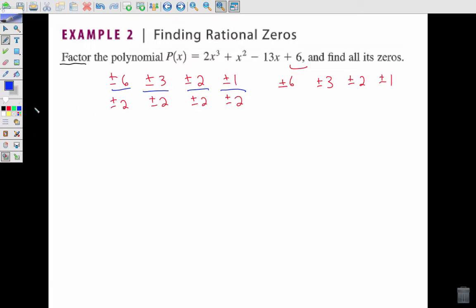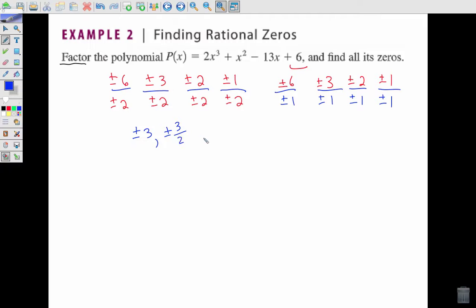All right, so all our possible zeros are of the form p divided by q. All right, so if I simplify these, let's see what our possibilities are. Okay, so 6 divided by 2 means we could have positive or negative 3.